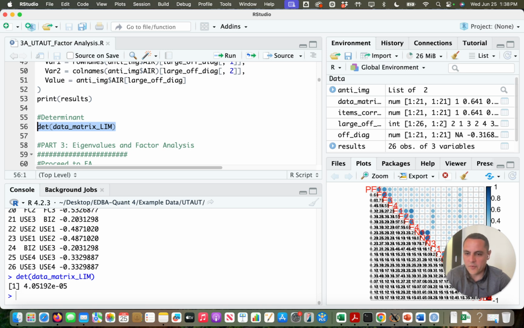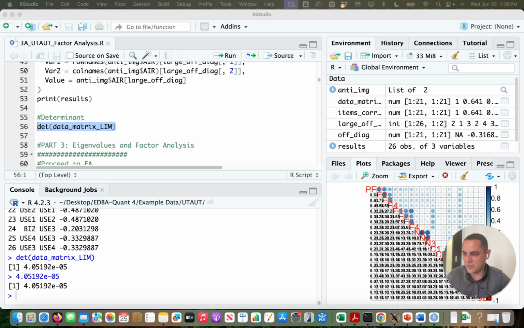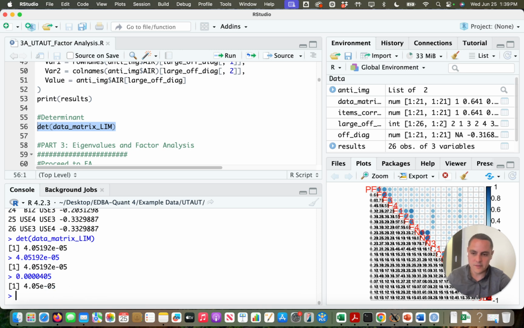Let me see if it'll print here. It still shows up as scientific notation, but I'll show you that it translates to this, right? So we're good there. So no multicollinearity. That's our takeaway from the determinant.